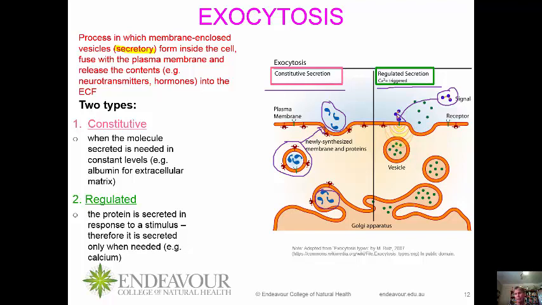So for example, this is the calcium here. The calcium is then bundled up into a vesicle. Then you can see that vesicle moves to the plasma membrane, and it releases the calcium out into the extracellular fluid. In constitutive, this is happening all the time. It doesn't need a signal. So that's constitutive, whereas regulated needs that signal.